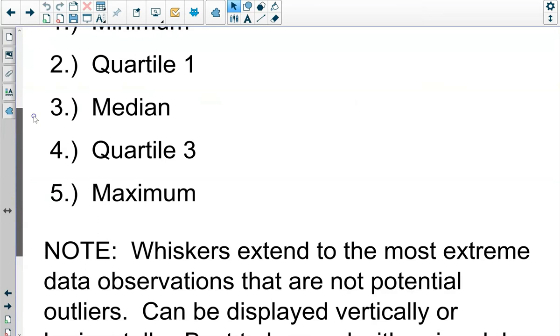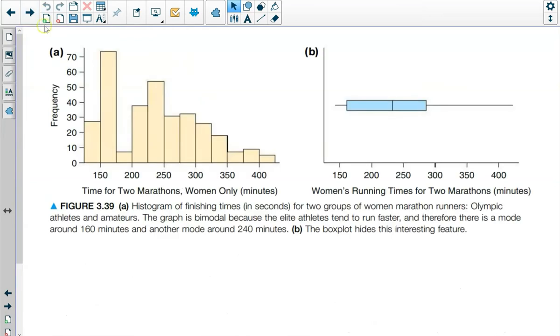All right, so let's take a look at some things that I was talking about. Right here, you've seen this data before when we talked about Olympic marathon runners versus amateur marathon runners. So this is a bimodal histogram. But when you look at the box and whisker plot over here, you don't see that. This is what I was talking about, how the box plot hides modalities.